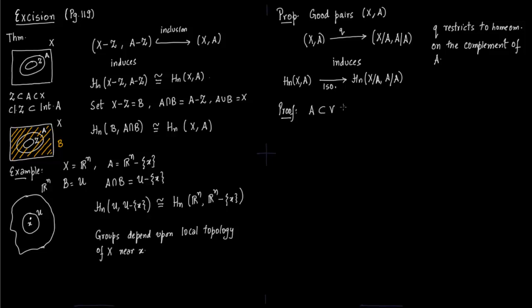What you do first is you fix a neighborhood V of A such that V deformation retracts into A. So you have this pair (V, A), which is homotopically equivalent to (A, A).